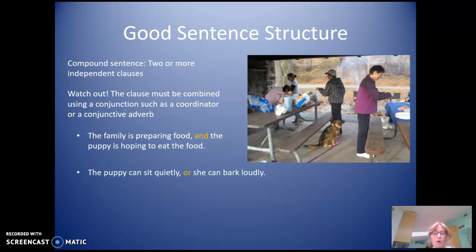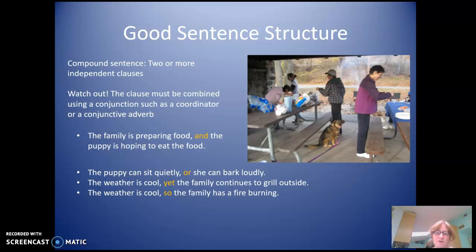The puppy can sit quietly, comma, or she can bark loudly. The weather is cool, comma, yet the family continues to grill outside. The weather is cool, so the family has a fire burning. Every clause has a subject and a verb.